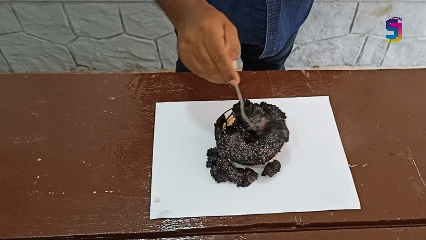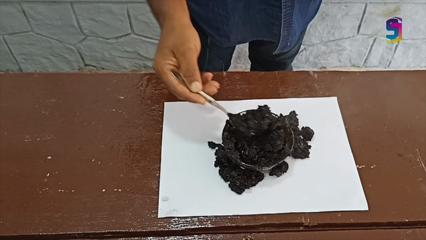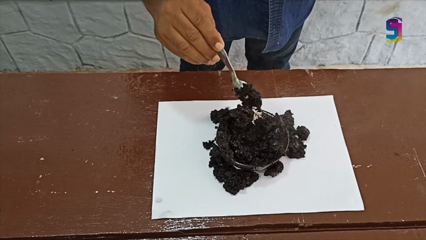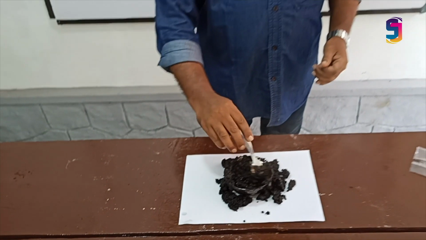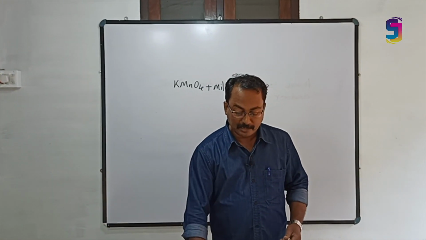See what happened to our milk. This is the reaction between potassium permanganate and milk. It is also an exothermic reaction.